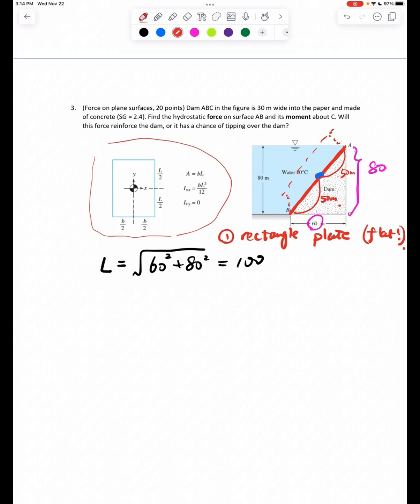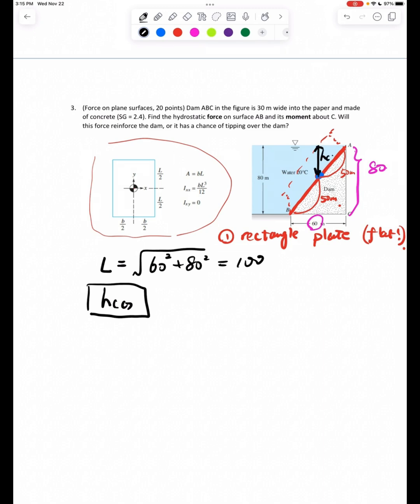Fantastic. And we say that the pressure from the surrounding liquid exerted on the plate is only related to HCG. HCG is the distance from the centroid to the free surface.